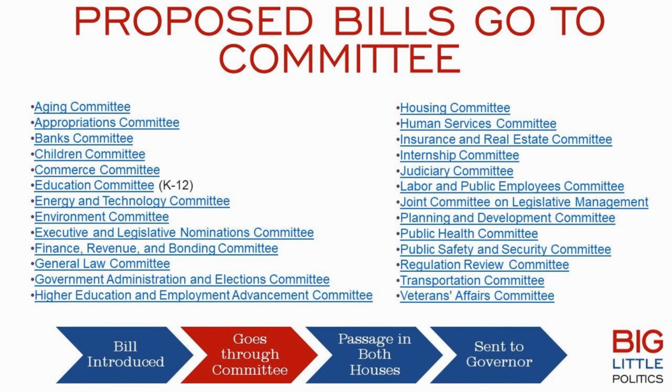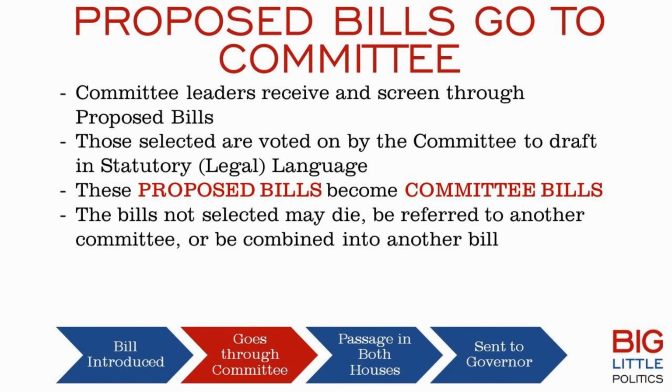All of these proposed bills will get shuffled along. And these are all of the different permanent committees that we have. You can just take a look. They pretty much cover anything that laws can pertain to. And the committee leaders will receive these stacks of proposed bills, and it's up to them to filter through. It's called screening them, and they'll see what they want to devote attention to or what they don't really want to move forward on.